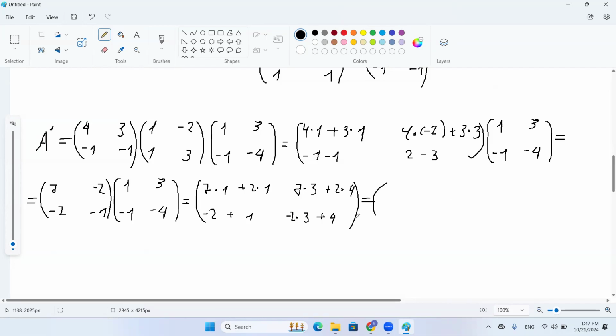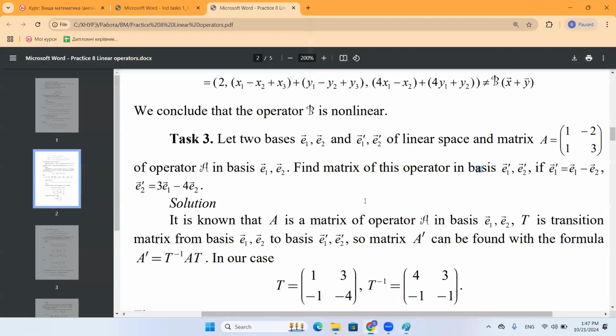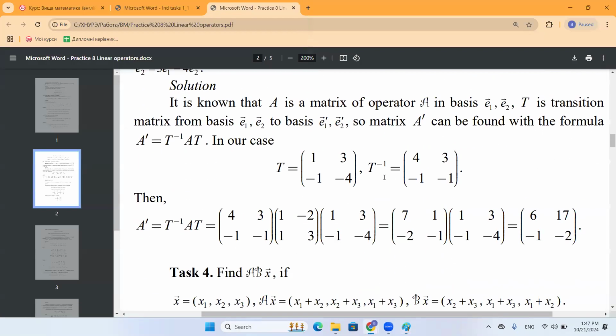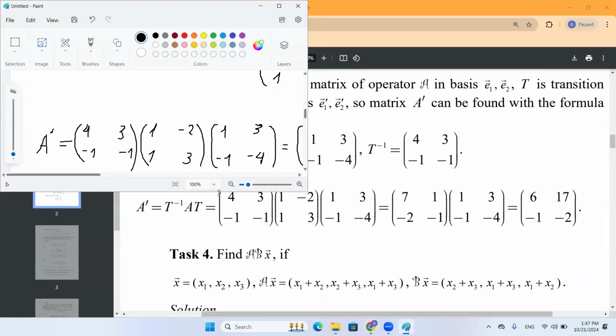And what we have now? 7 plus 2, 9. 21 plus 8, 29. -1. So -6 plus 4, -2. And now let's check if I'm not mistaken. So something went wrong.